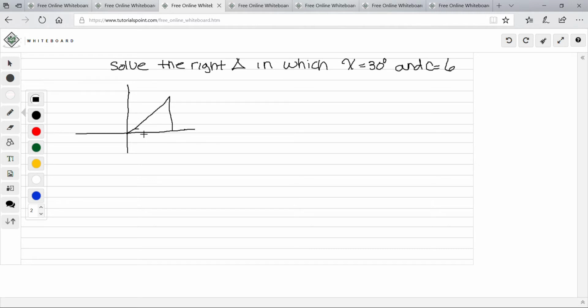This is 30 degrees. It's also pi over 6 if you want it in radians. Same thing. Here's a 90 because it's a triangle. We'll call this angle beta.